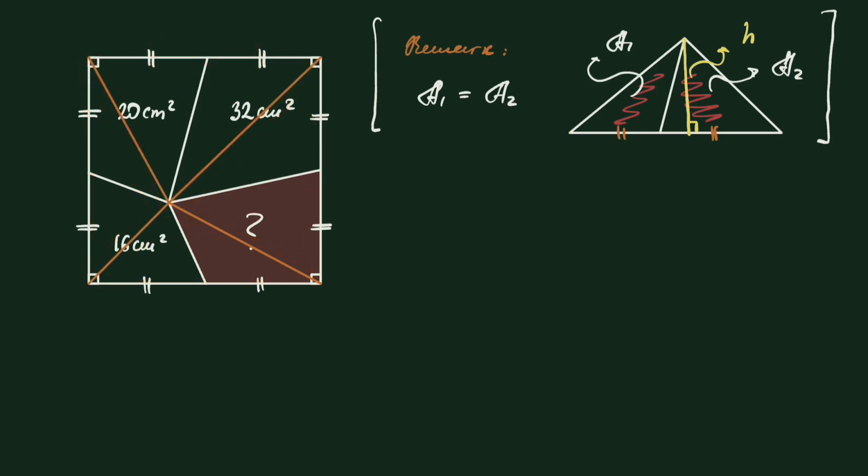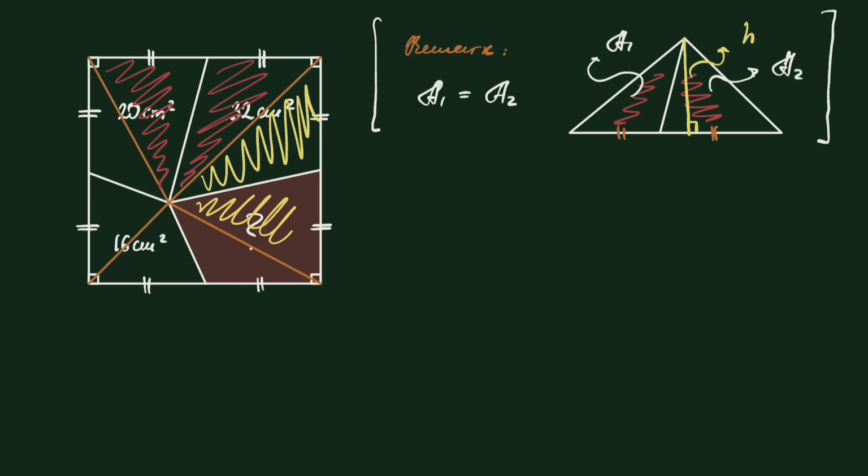So from what I said before, this area over here is the same as this area over here, right? Because of these 2 equal sides. Now, this area is equal to this area, right? Again, by the same logic. Now we have this area, which is the same as this part. And the last one, these 2 areas, they are also equal.